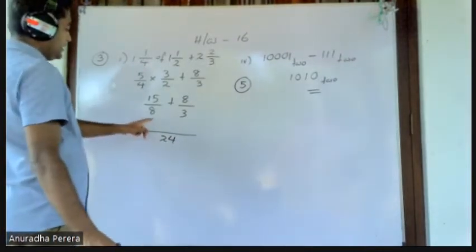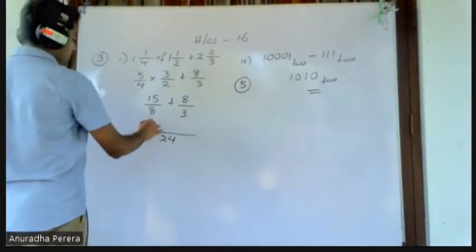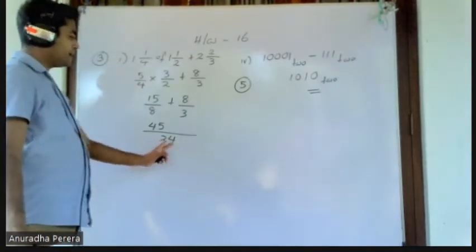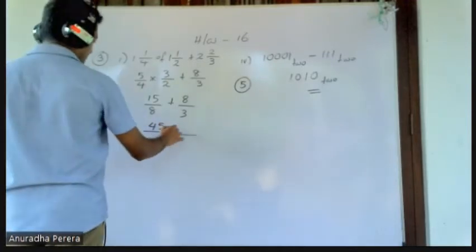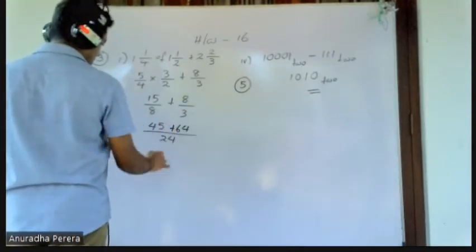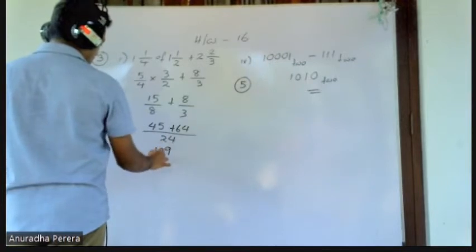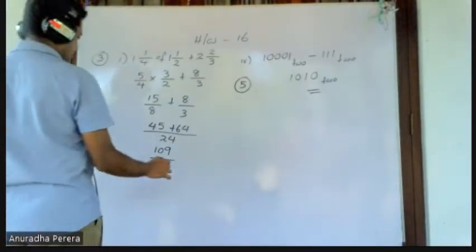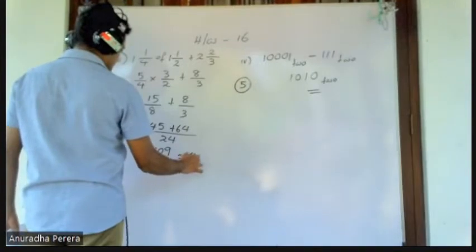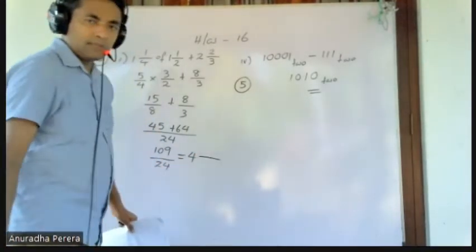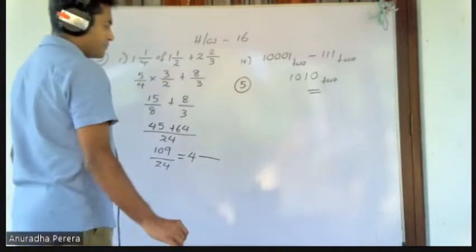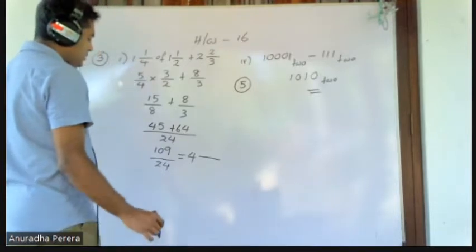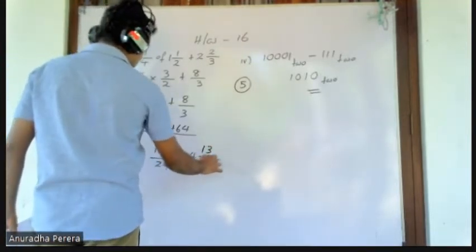Then divide by 8, 3. 3 into 15, 45. And when dividing 24 by 3, 8 into 8, 64. The answer is 109 over 24. And as a mixed number, 4 13 over 24. This is the answer. Yes, this is the answer.